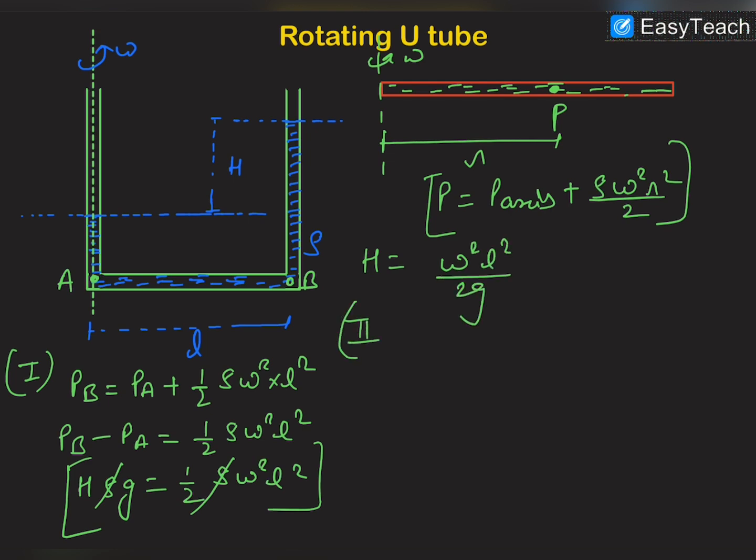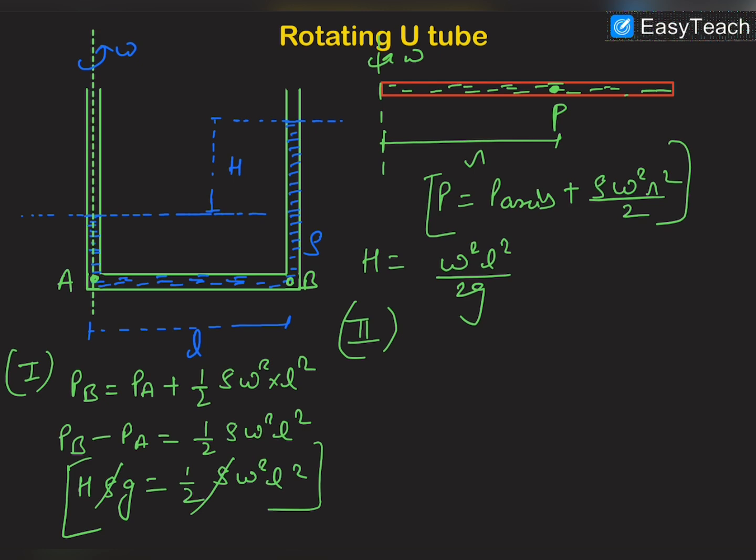Now in the second method, we have already studied in the last video that when a container filled with liquid is rotated, the liquid surface becomes a paraboloid, and the two-dimensional form of a paraboloid is a parabola.